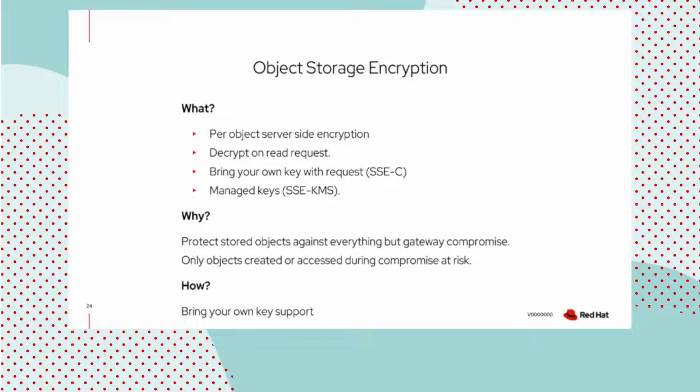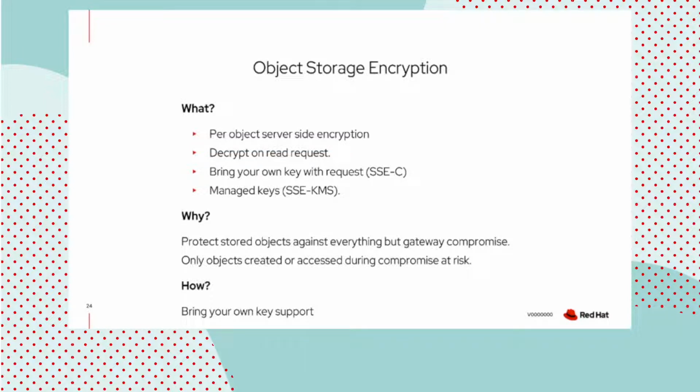Next in line is the way that we protect object storage. So for those of you who don't know OpenShift Data Foundation, we have block, file, and object. So let's start with the object storage. The object storage is encrypted by default on the server side, but as you know, it's always about layers, and we don't assume that this is enough.